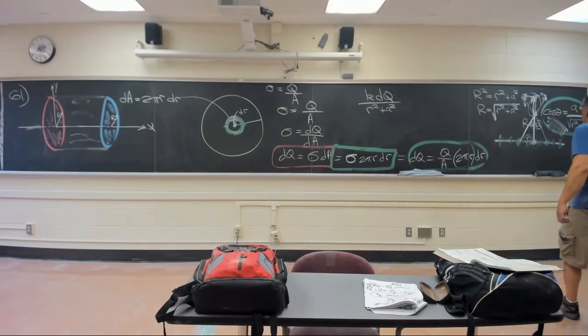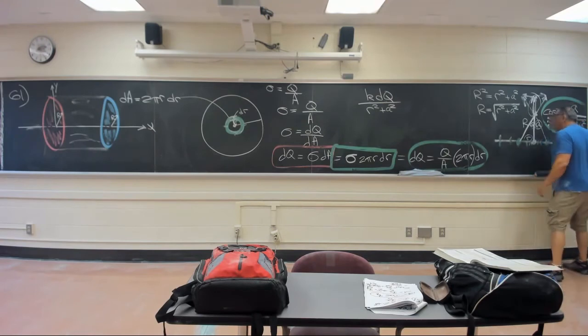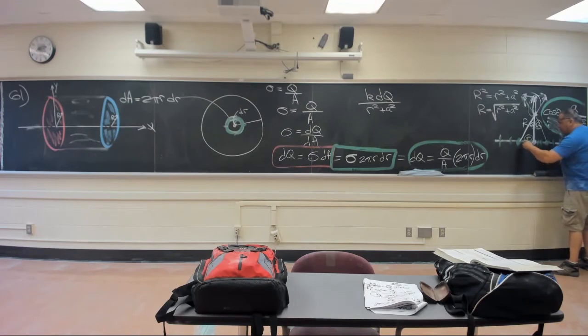Yeah, this is crazy in its own right, I guess you could say. You could say it's as though the dq, which is the whole ring, the entire dq is all the charge on the ring. That's the dq. Okay.